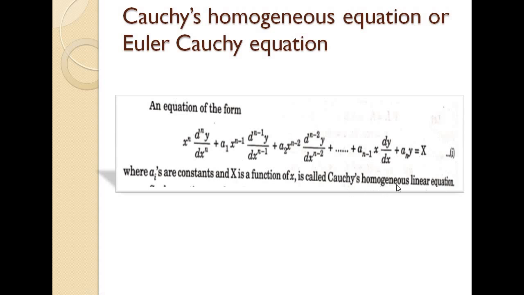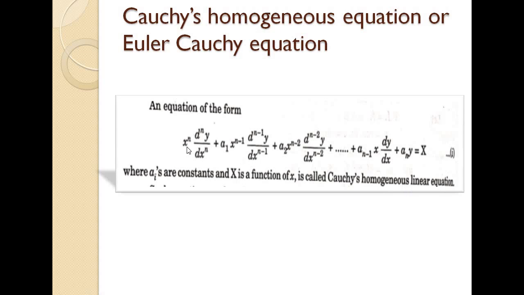Here, homogeneous linear equation doesn't mean the RHS is 0. It is Cauchy's homogeneous equation. By definition, it is a non-homogeneous equation, but we call it Cauchy's homogeneous linear equation.